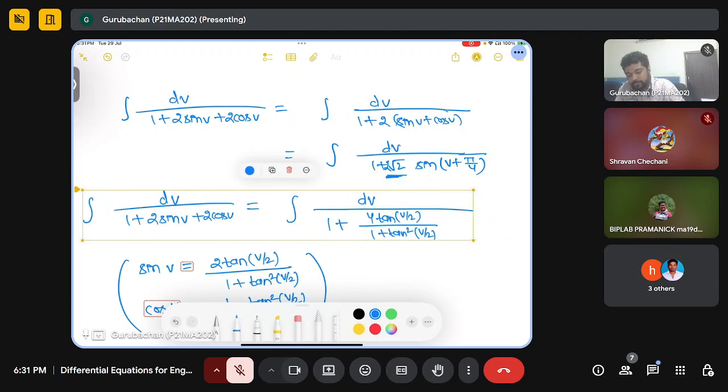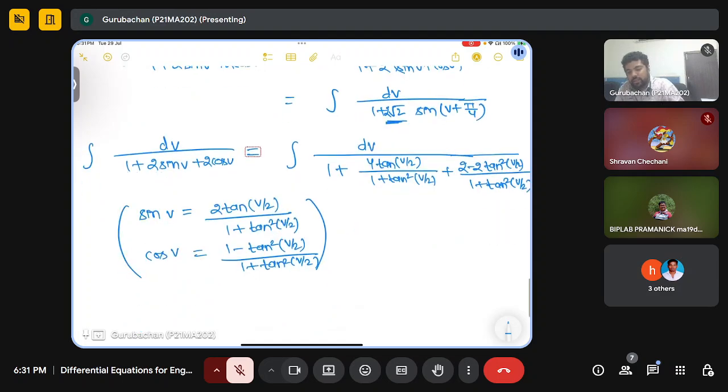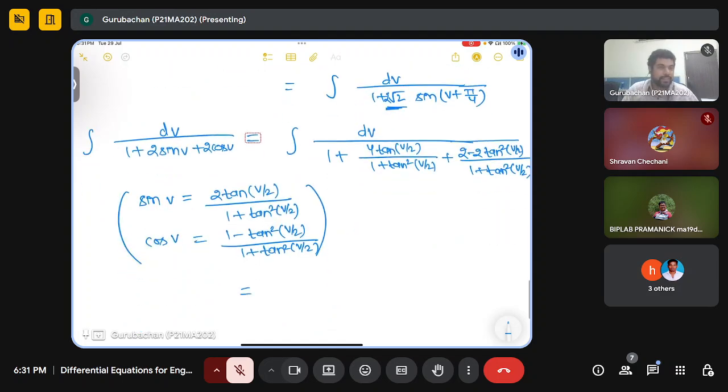So this will give you next, again, 2 minus 2 tan square v by 2 divided by 1 plus tan square v by 2. So I hope it is clear now that we have to take the LCM and we have to convert this 1 plus tan square v by 2 into secant square v by 2.